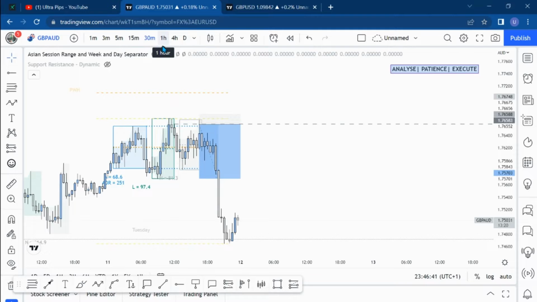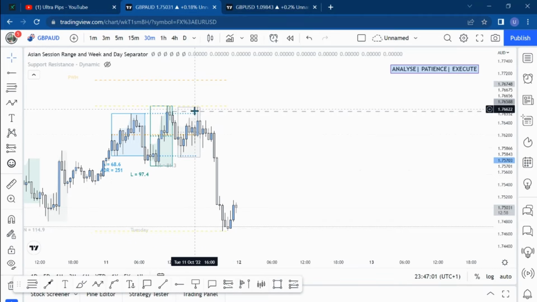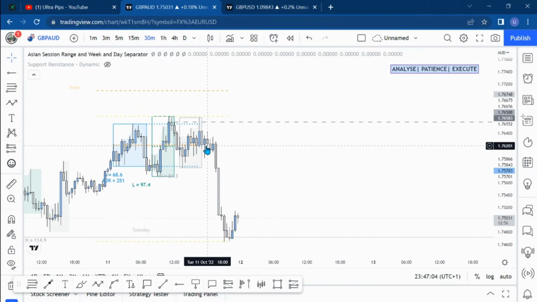If you don't know about order blocks, leave a comment in the comment section so I can make a proper video about order blocks. Order blocks are not just order blocks, they're there for a reason. So I marked out this zone for price to get here and reverse, and as you can see, price reversed. But why did the price reverse at this zone?